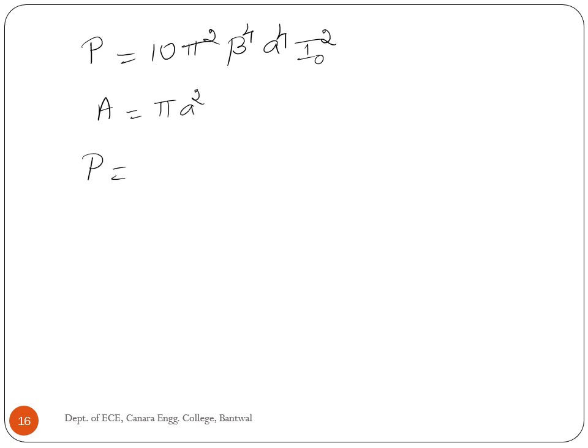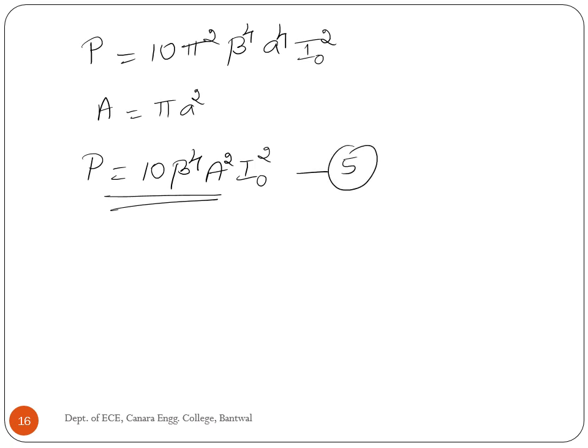Therefore, radiated power P is equal to 10 pi square beta to the power 4 a to the power 4 I naught square. We know that A is equal to pi a square. Therefore, P is equal to 10 beta to the power 4 A square I naught square. Equation 5.